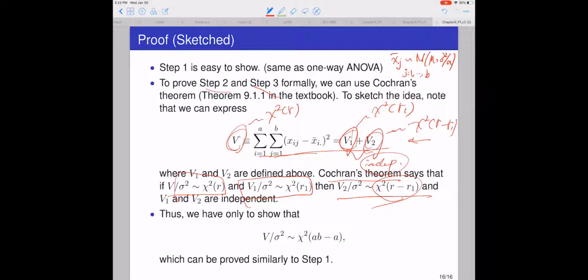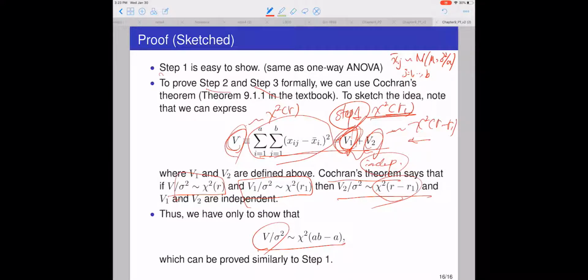So step 1 is already known, and we only have to show this one for v.